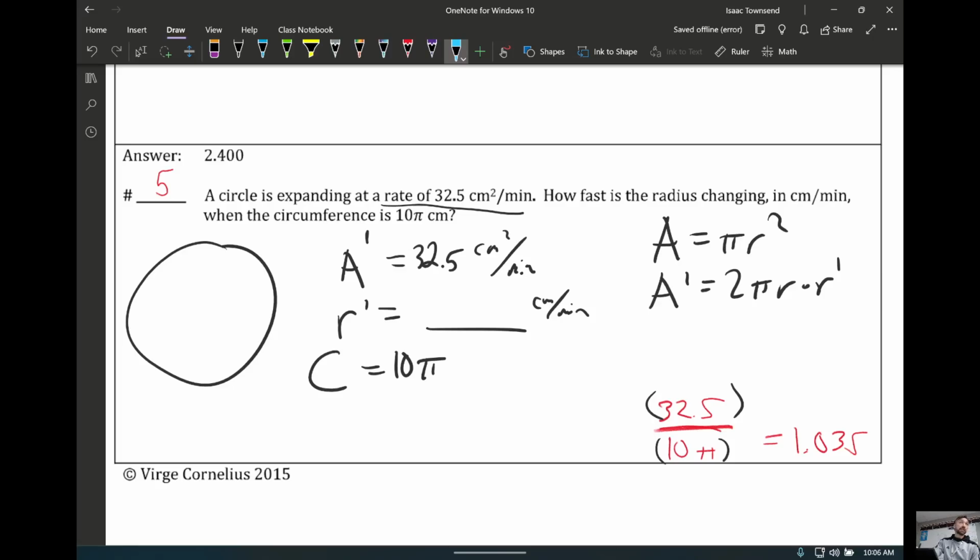When circumference is 10 pi, I figured out that r was 5, but that was totally not needed. I think they were trying to do us a favor here. 2 pi r, which is circumference, is 10 pi. Oh, and they gave me A prime. So r prime came from 32.5 divided by 10 pi.